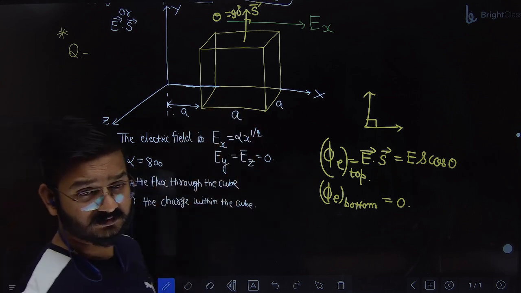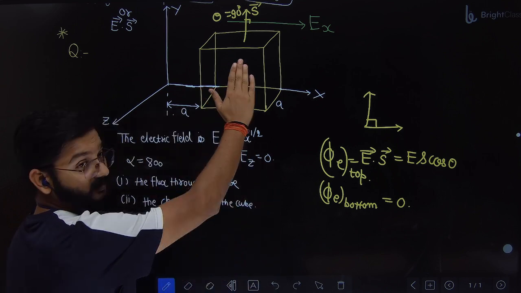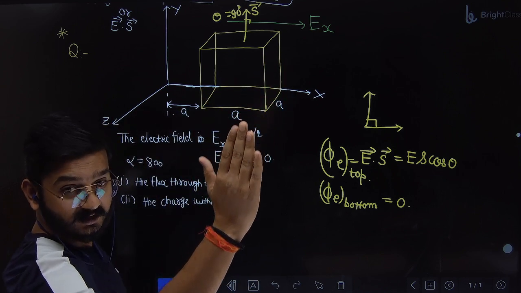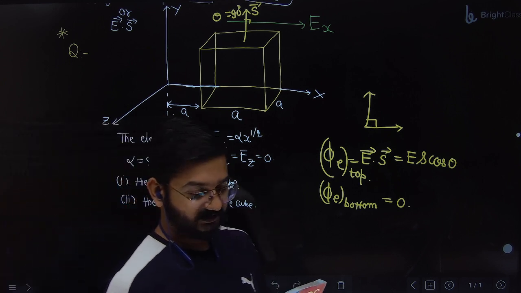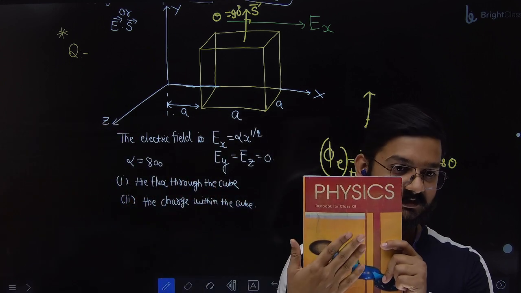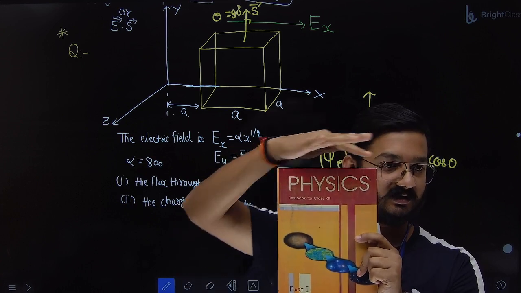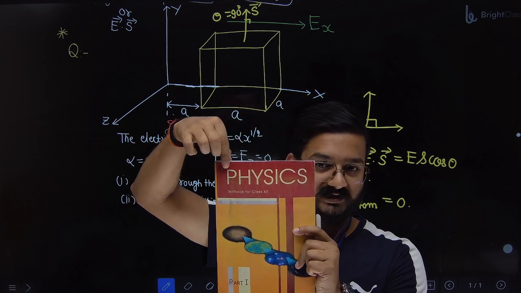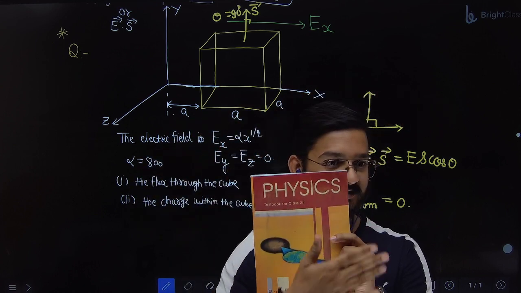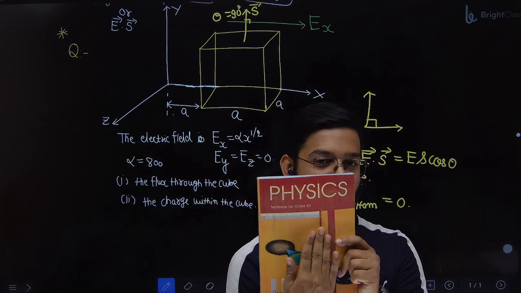Now for the front, where will be the area vector? Towards you. Correct? This is the front surface. Electric field is in which direction? Like this, X direction. Electric field is in the positive X direction. This is the front surface of the cube. Where is the area vector?